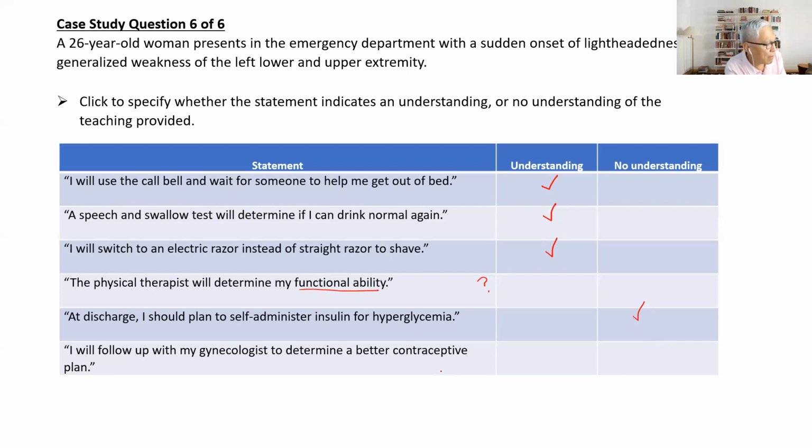And I will follow up with my gynecologist to determine a better contraceptive plan. Yes, because we want a contraceptive that does not have estrogen, because estrogen actually increases the fibrinogen in the plasma, specifically factors 7 and 10. It increases the stroke risk, and so this is going to be correct.